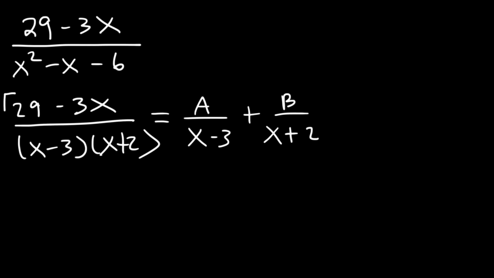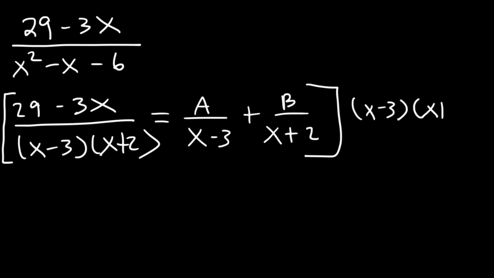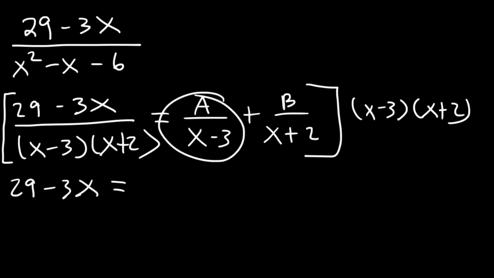Now, just like before, we're going to multiply both sides of this equation by this denominator, so that is by (x minus 3) times (x plus 2). So these two will cancel, and on the left side, we're going to get 29 minus 3x. Now, if we take a over (x minus 3) and multiply it by this, we can see that x minus 3 will cancel, and then we're going to get a times (x plus 2).